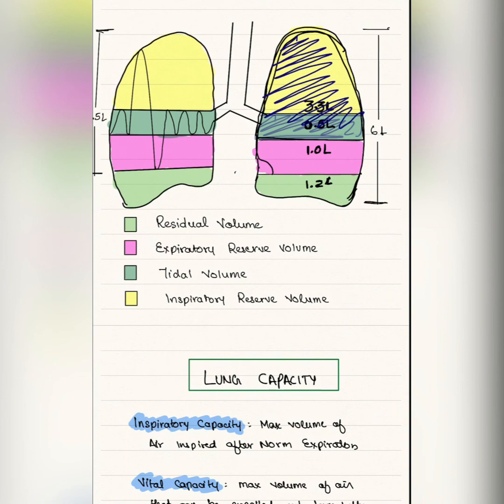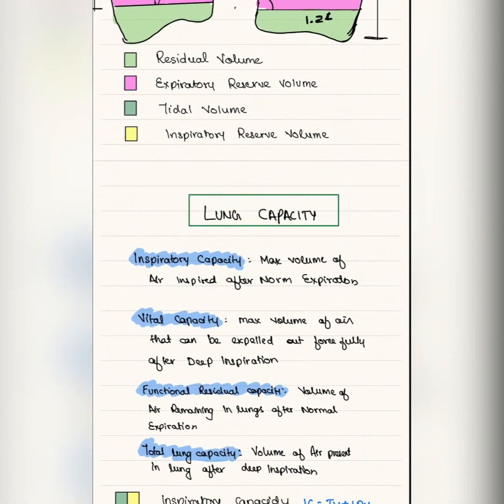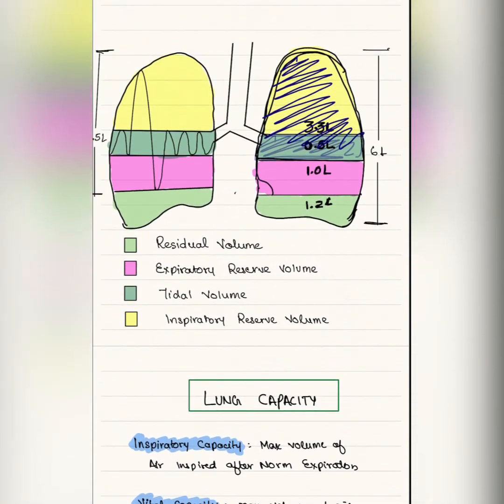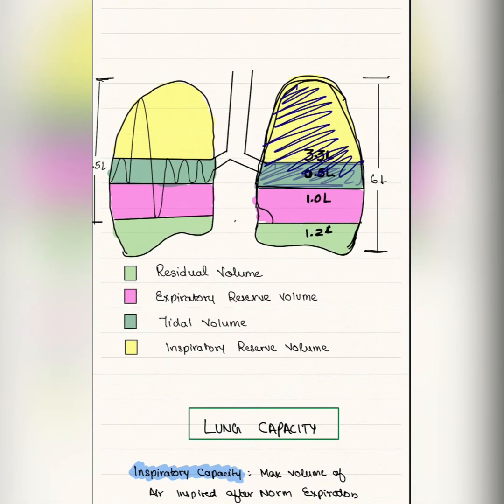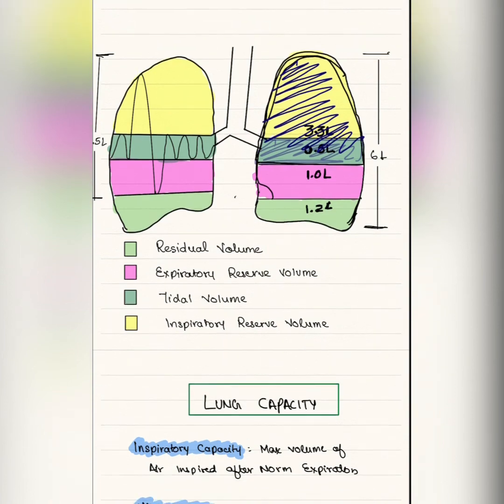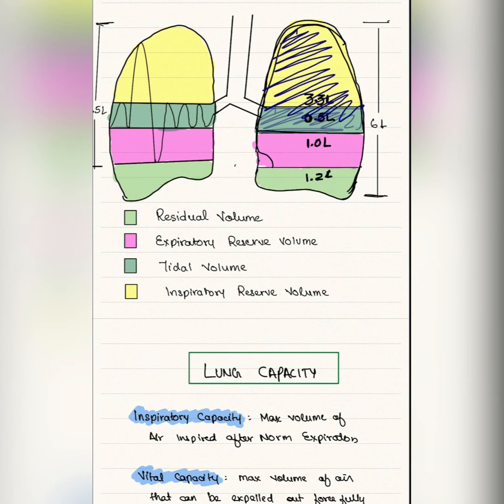This makes inspiratory capacity. Then there is vital capacity, which is the maximum volume of air that can be expelled forcefully after deep inspiration. Means after deep inspiration, we know that there is inspiratory reserve volume, tidal volume, and expiratory reserve volume also present. So vital capacity is, by use of expiratory muscles, forcefully expiring all the air out.